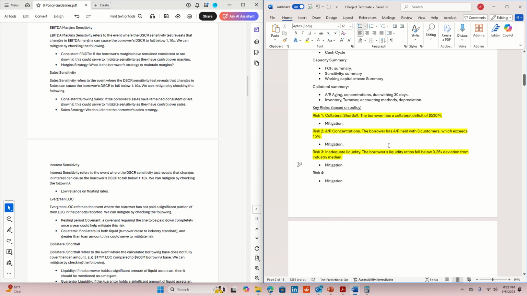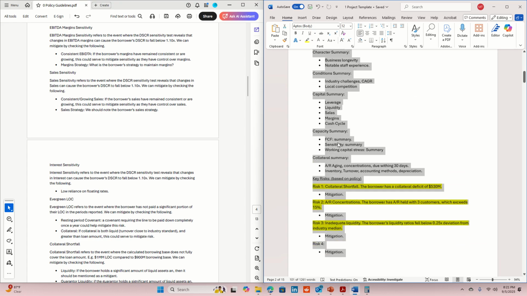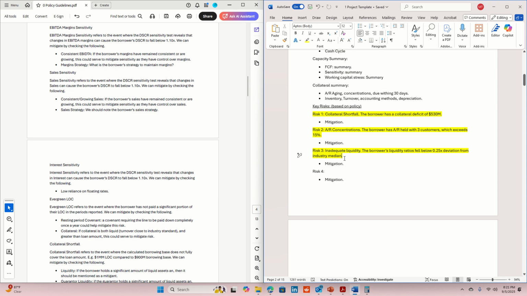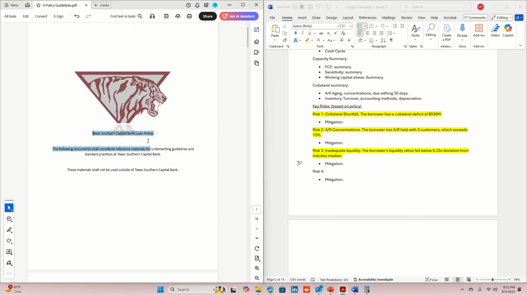And we're going to mitigate these risks at the end once we wrap it all up. Once we come here to write the analysis review, then we're going to wrap it all up and make that make sense. But for now, I just want you to cite that you noticed that this is an issue. Okay. And when you have a chance, I would read through the Texas Southern Capital Bank loan policy.